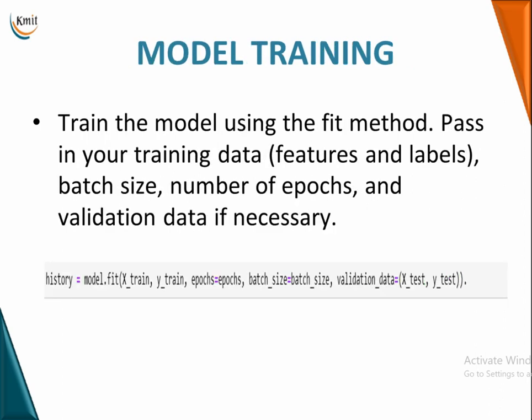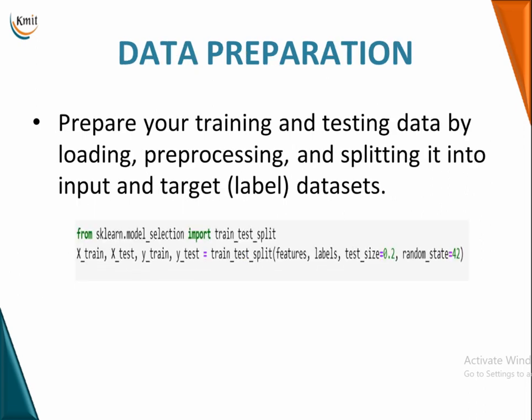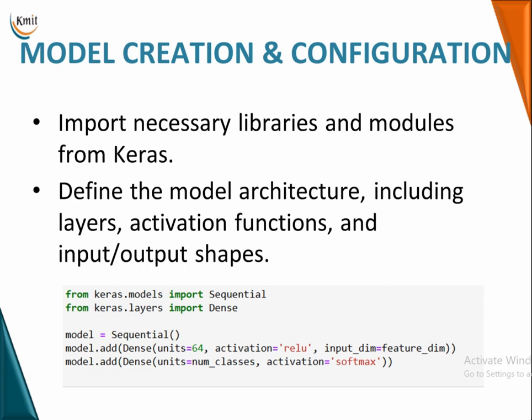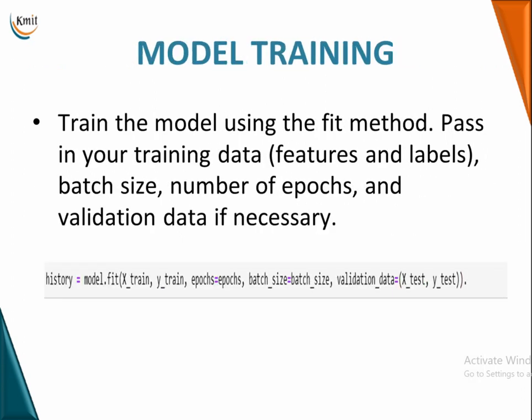Now next is you have to train your model. In order to train your model, whatever sequential container you have defined, you remember I gave the name here as model to my sequential container. Once I have compiled my model, I am going to fit my model. Fitting your model will actually make the model train. So train the model using the fit method. You pass in your training data, like features and labels.